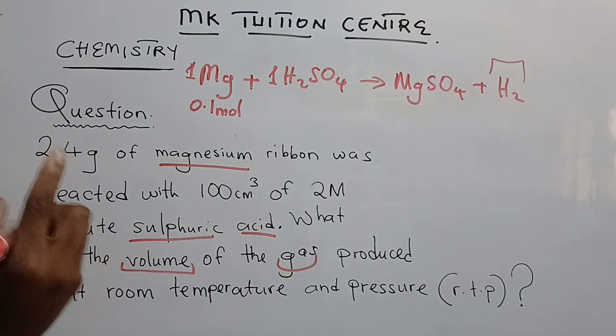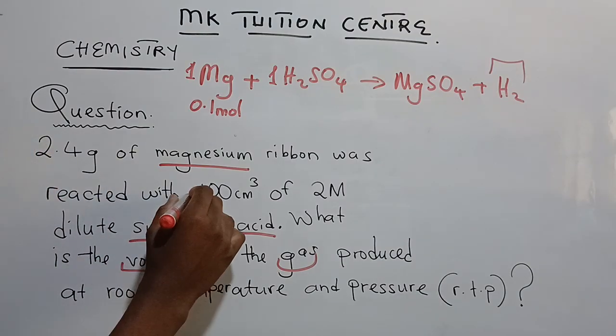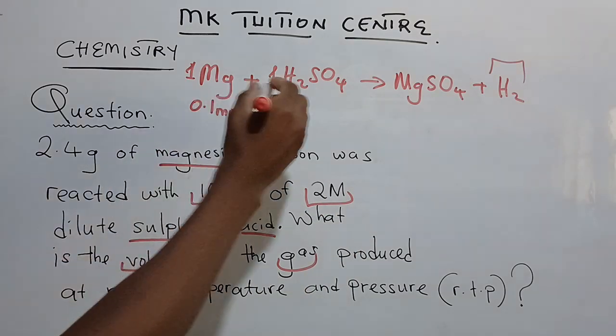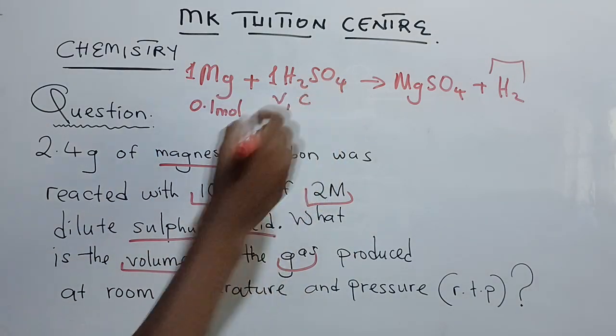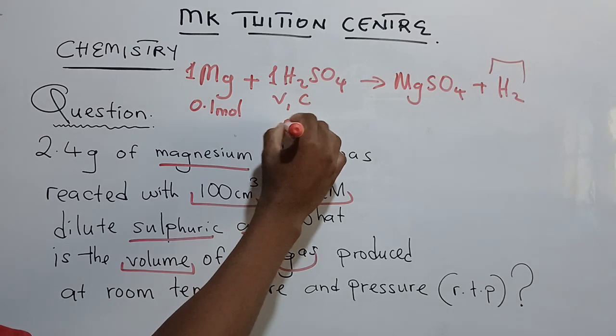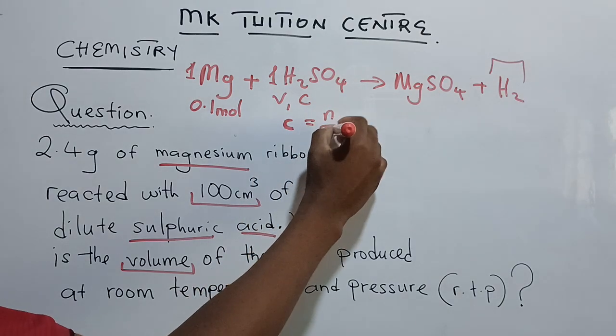Let's look for the number of moles for sulfuric acid. Here we have been given two things: we have the volume and the concentration. So if you have volume and concentration, how do you find number of moles? Remember, concentration is equal to number of moles over volume.